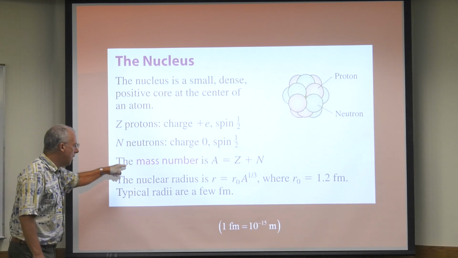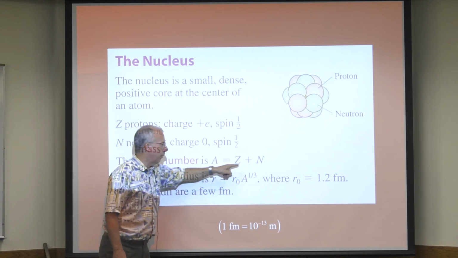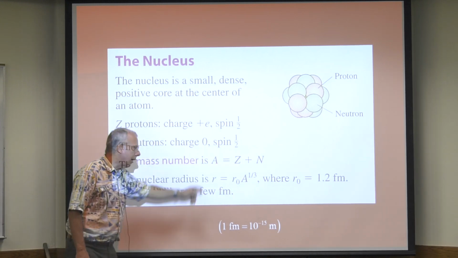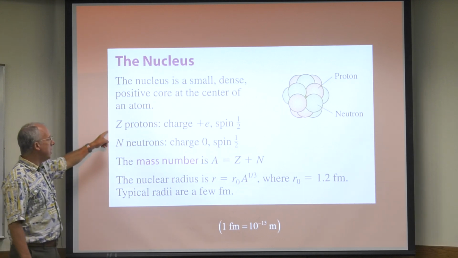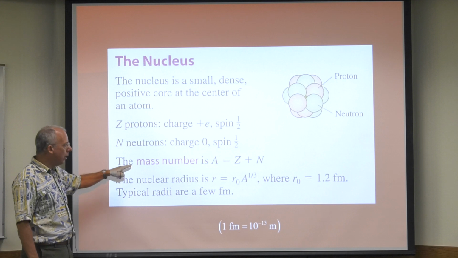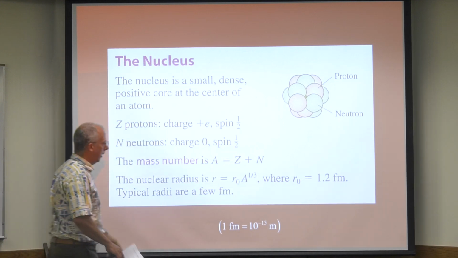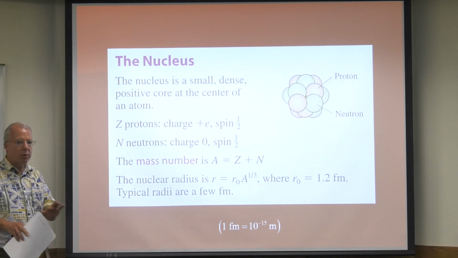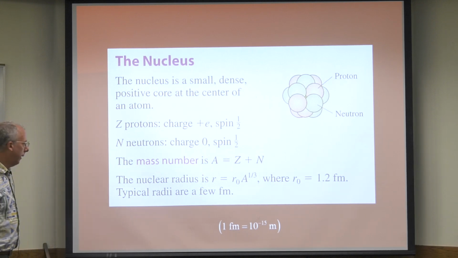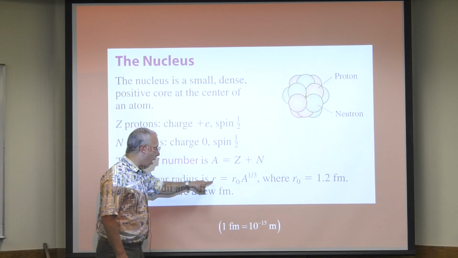So the mass number, where all the mass in an atom is, is just the number of protons and the number of neutrons. So that's A, okay? So Z, number of protons, N, number of neutrons. The mass number is just the number of protons plus the number of neutrons. It's just a number. It has no units. Okay, the nuclear radius is R.